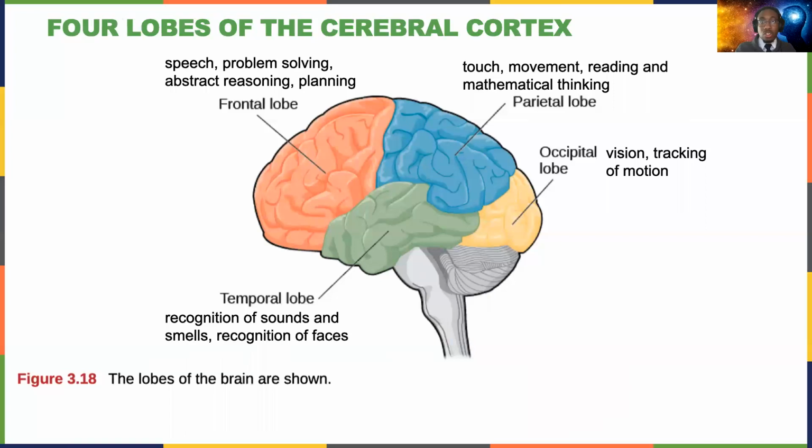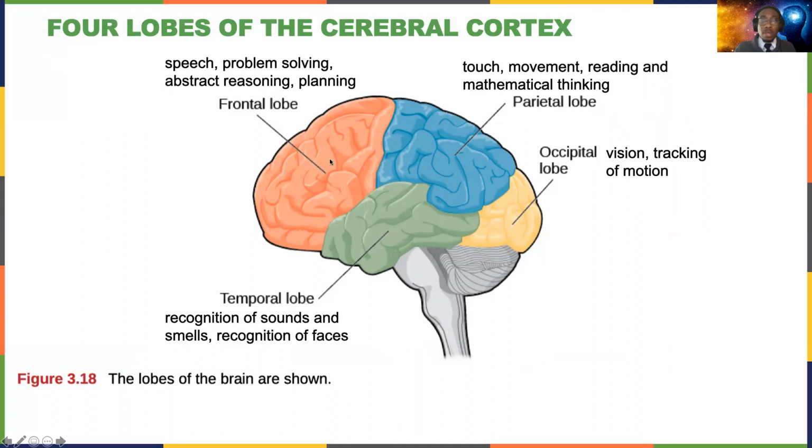Neuroscientists, psychologists, biologists have come together and have mapped out how certain human functions can be localized to one of these four large areas of the brain. And so those are the frontal lobe, the parietal lobe, the occipital lobe, and the temporal lobe.